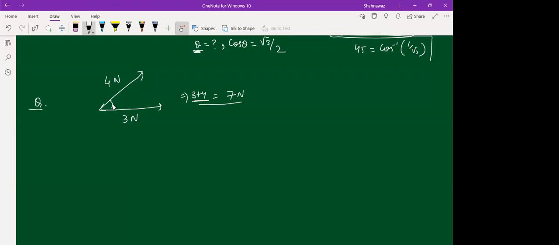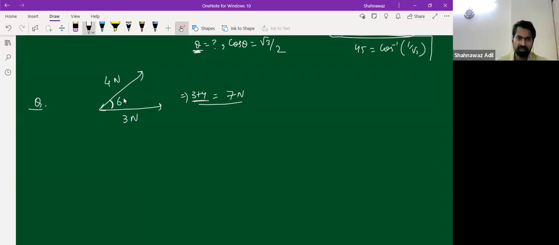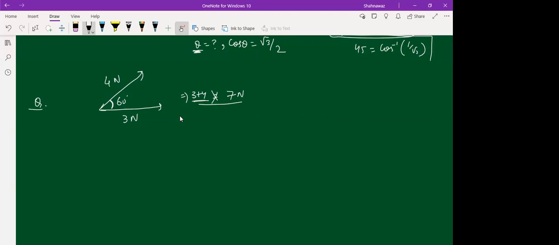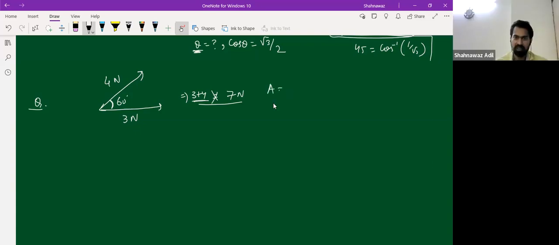Let's say the angle is 60 degrees. We need to find the resultant of these vectors, right? This should not be 3 plus 4, right? So you know what is given. A is 3, B is 4, and theta is 60.